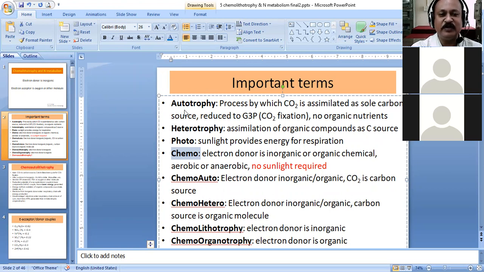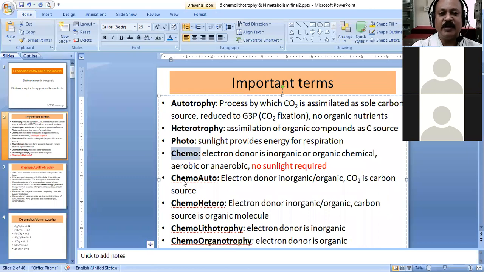What we do is combine autotrophic or heterotrophic with the word chemo. So when it is a chemoautotrophic organism, the electron donor is inorganic or organic, but CO2 is the source of carbon for assimilation.